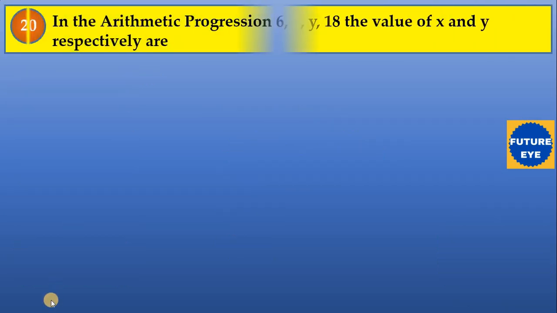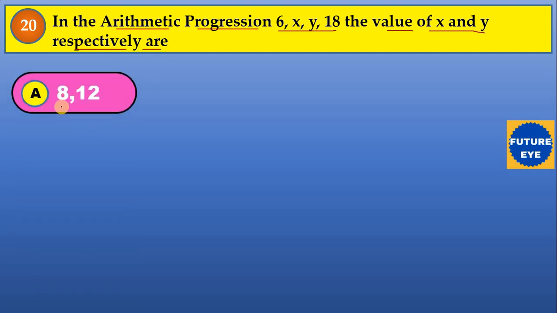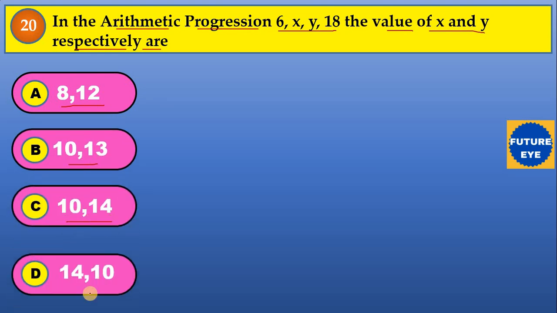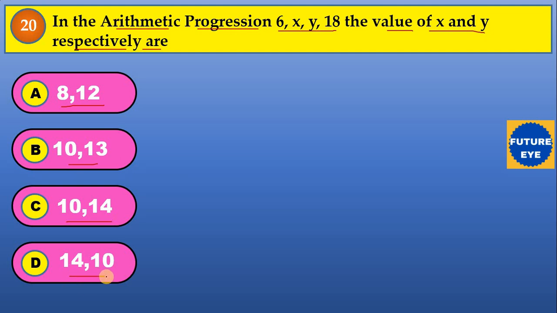Let's move on to another problem. Question number 20. In the arithmetic progression 6, x, y, 18, the values of x and y respectively are. Options: 8, 12; 10, 13; 10, 14; 14, 10.